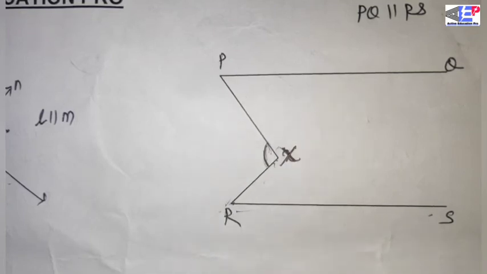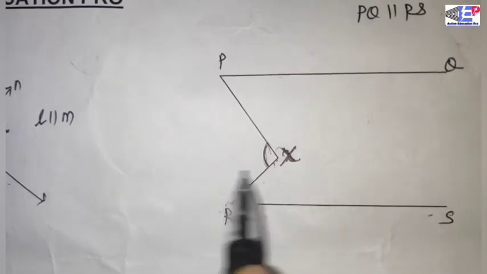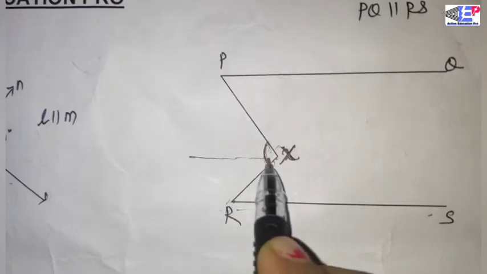To find the value of X, we have to draw one more thing to solve this question. Otherwise you can't solve this question without drawing a line at point X. So here we have to draw a dotted line.